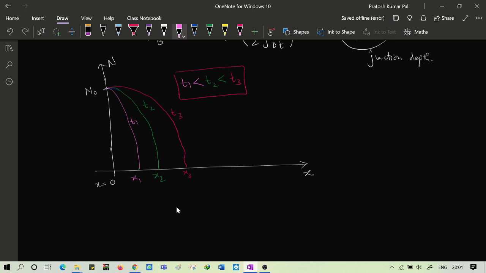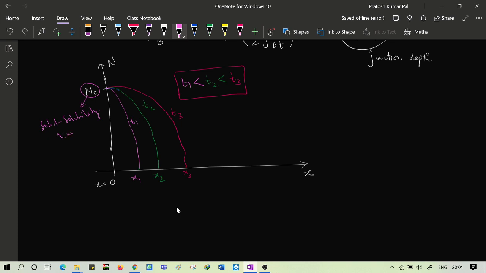The next one starts with infinite source diffusion. That means when diffusion has started, the concentration of dopant was n0, which is the solid solubility limit.